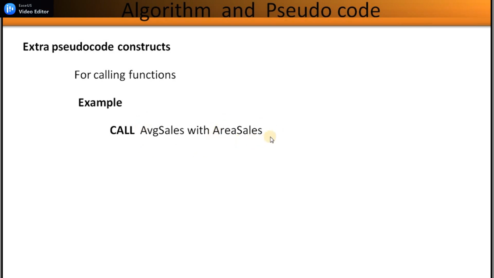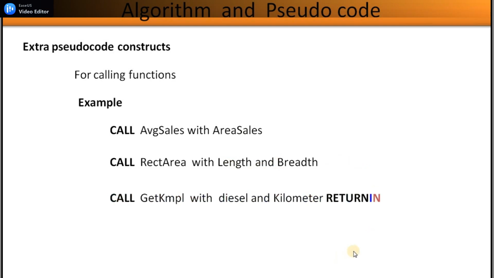Area sales is a parameter. Parameters may be 1 or 2 or more. Here, call rect area with length and breadth. 2 parameters are there. Another example is call get KMBL with diesel and kilometer. These are the parameters, returning KMBL.